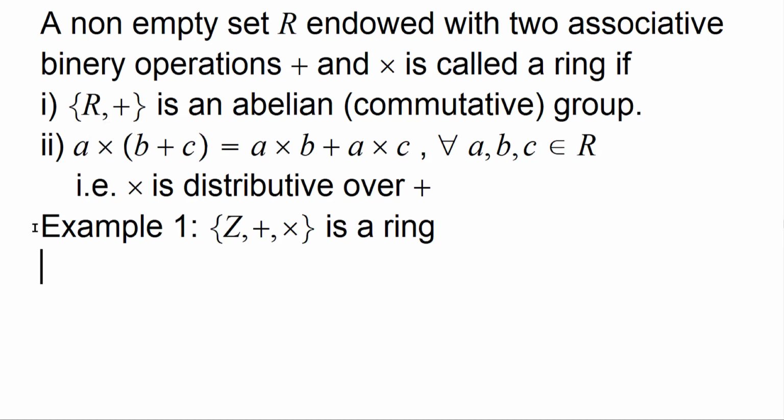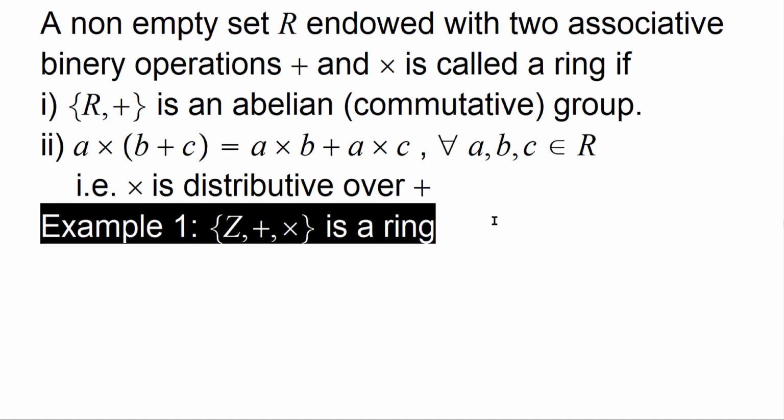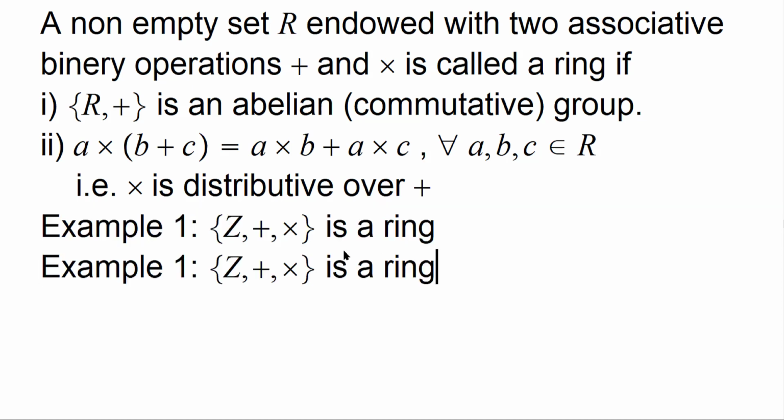And going in the same flow, we have another ring. Say for instance, we take the integers modulo 6. I could have taken any number, but I just chose modulo 6.